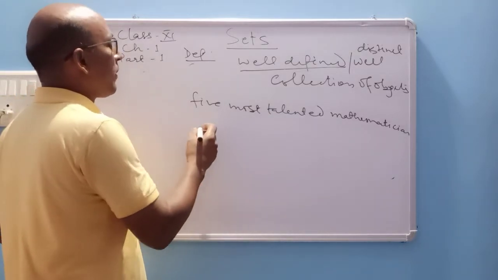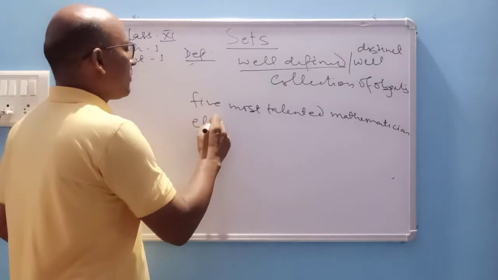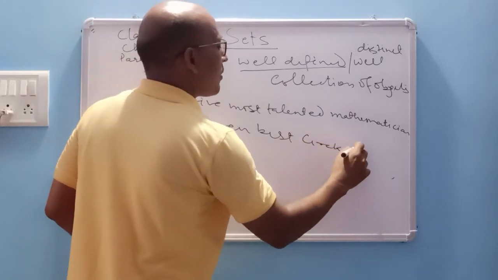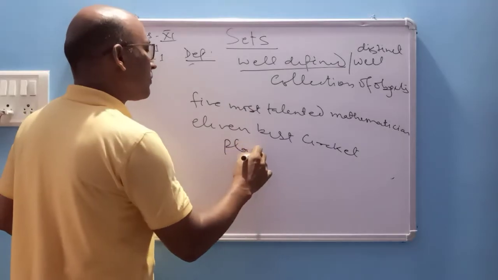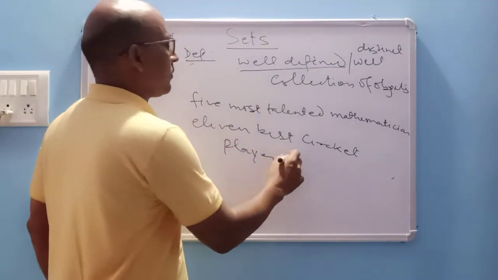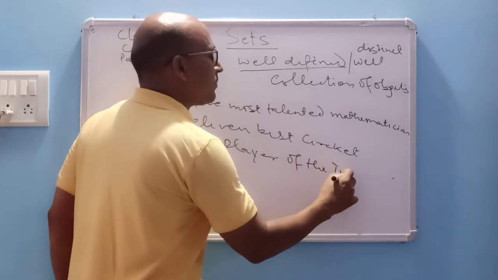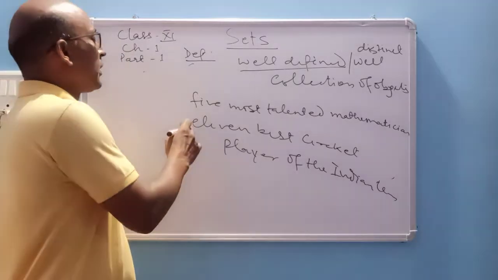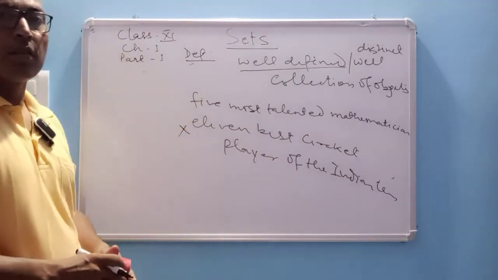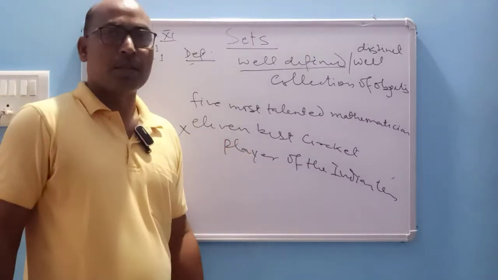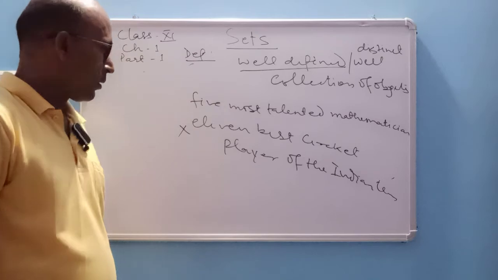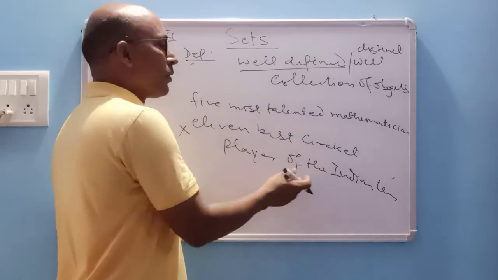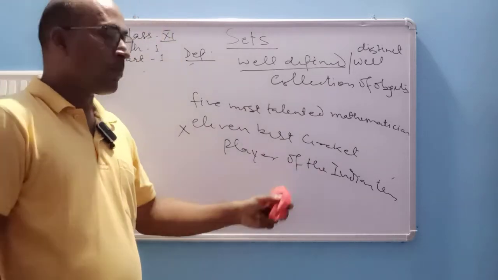Similarly, if we say the 11 best cricket players of the Indian team, this also does not qualify for the set, because here again someone may include Sachin Tendulkar but may skip Virat Kohli.